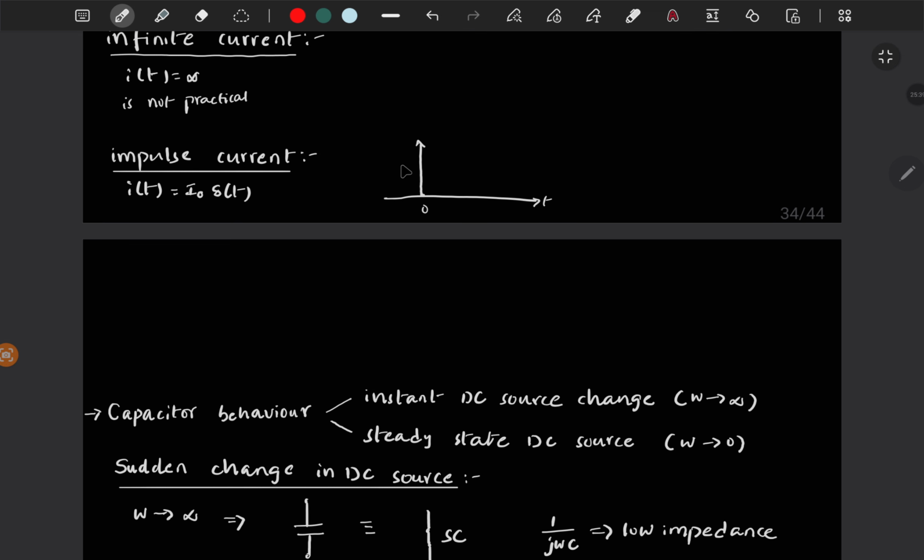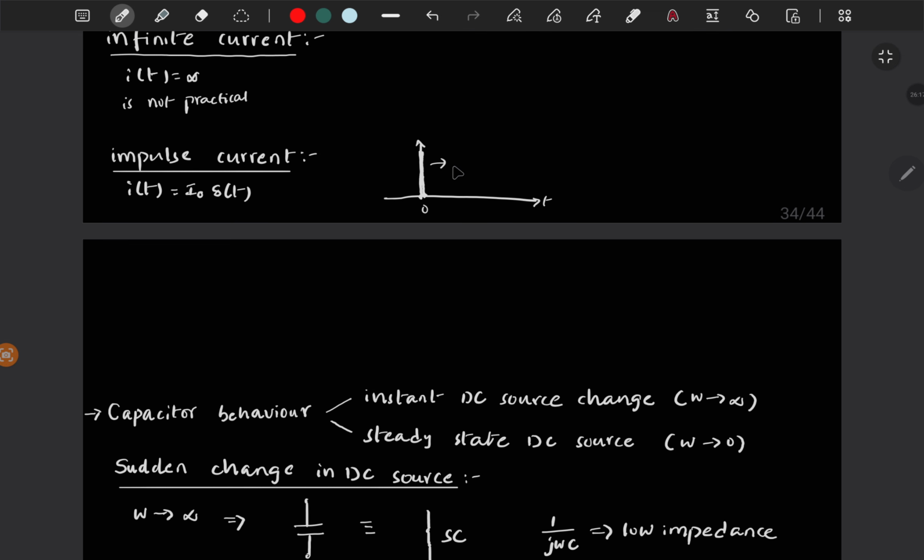So we come to the concept of impulse current, which means within a very small duration of time we are giving a very huge current, and immediately we are making it 0. It means it is a very high rectangular pulse within no time. So for t tends to 0, the magnitude of current is very high. This is what the impulse current means.